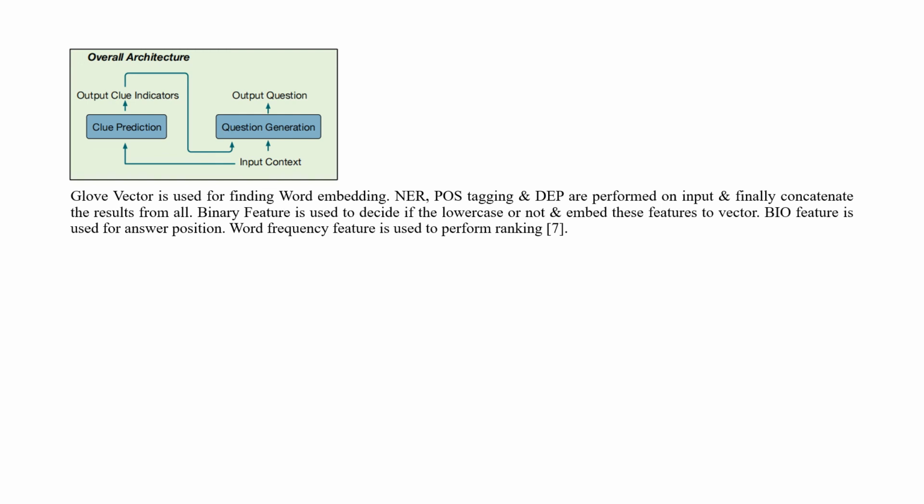Then a BIO feature will also be used for focusing on answer position. A word frequency feature will also be used for ranking. So all these are the state-of-the-art approaches for various types of question generation systems.